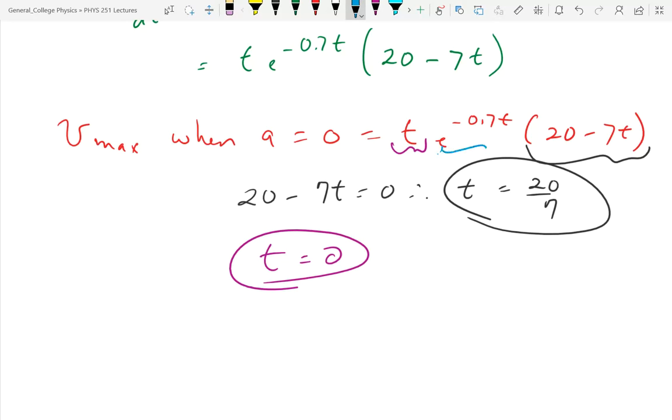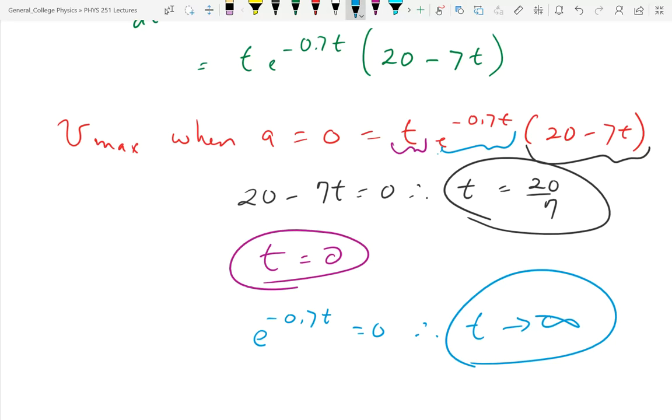This one's going to have to be the third one. So I'll have e to the minus 0.7t equals 0, which is true as t approaches infinity, because e raised to the minus infinity is 1 over infinity, or 0. And so we have 3 different solutions for acceleration equal to 0.